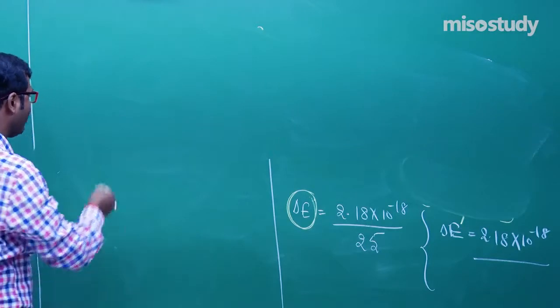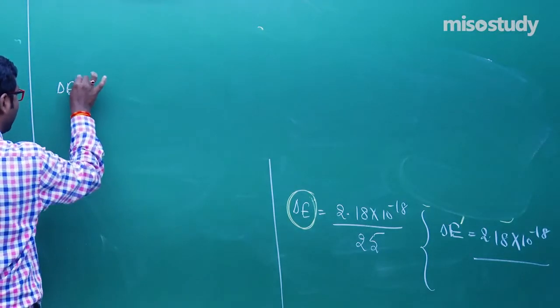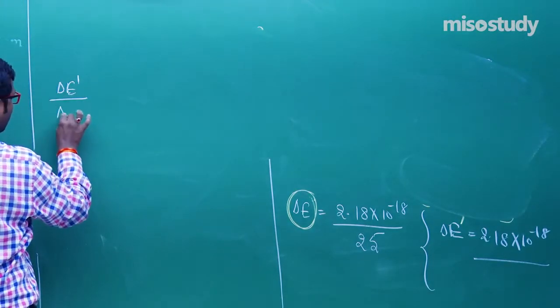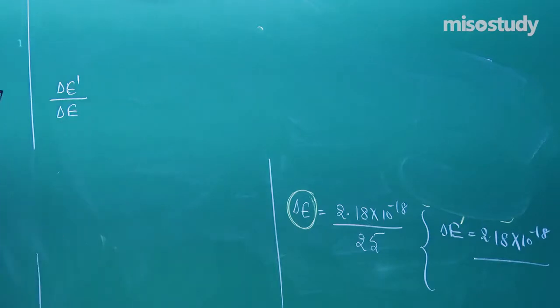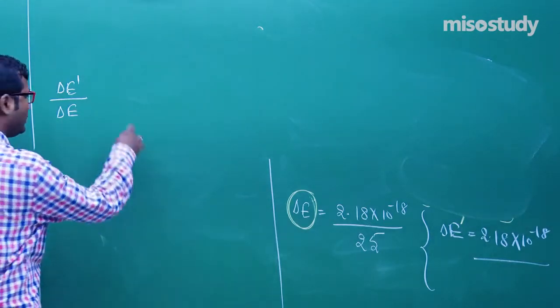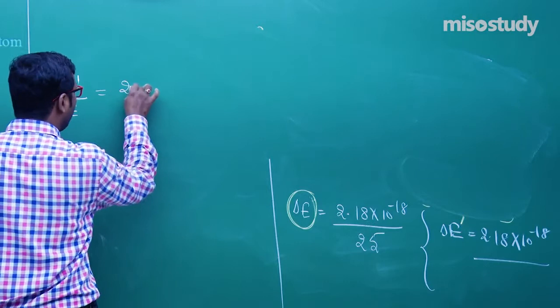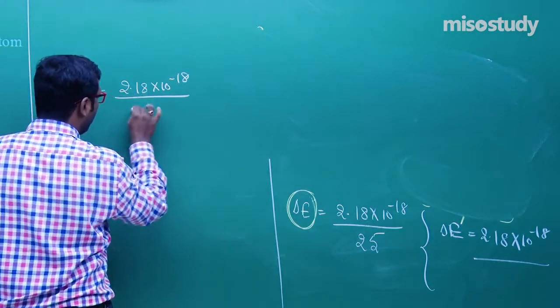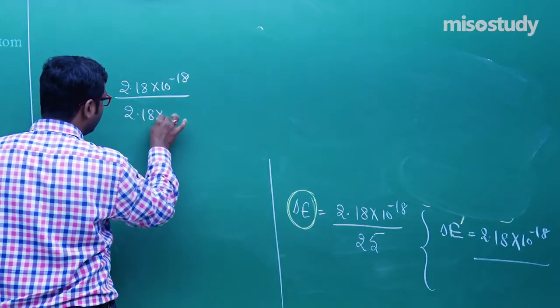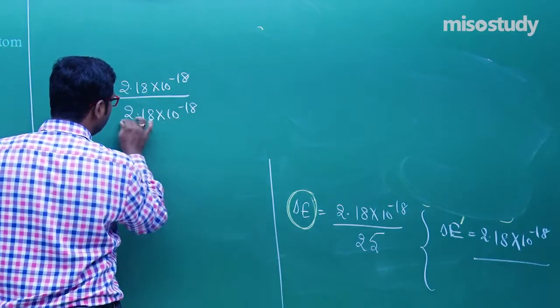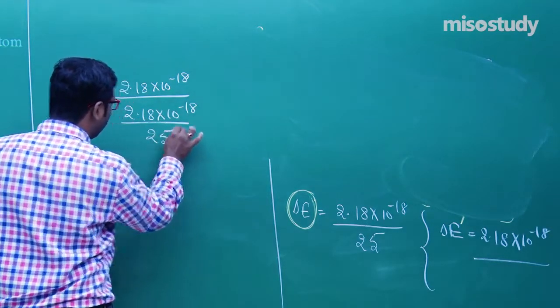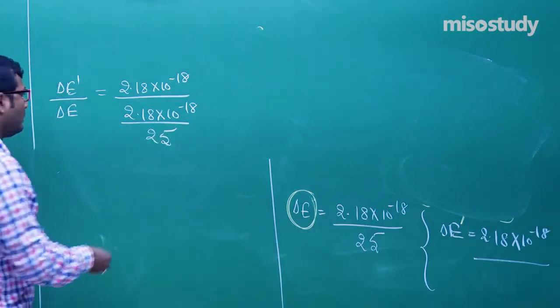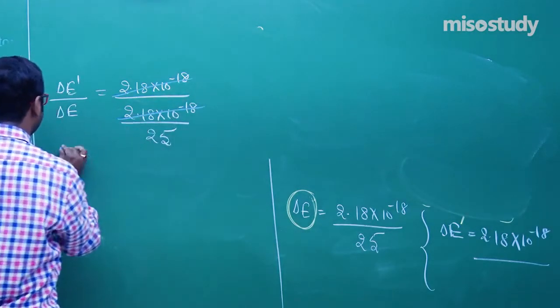Now compare delta E dash, that is the ionization energy when we release the electron from the n equal to 1 orbit, which is 2.18 into 10 to the power minus 18, upon 2.18 into 10 to the power minus 18 divided by 25. Am I right? Now this will cancel this one.